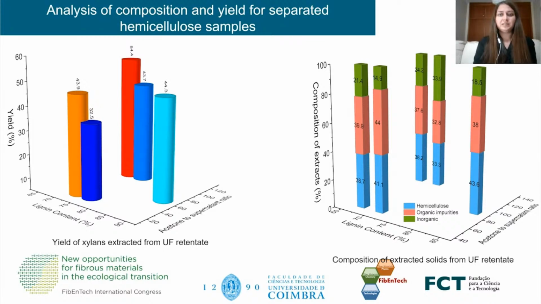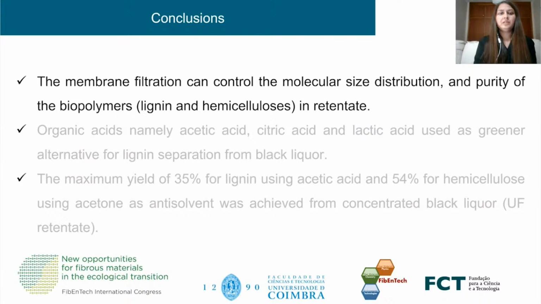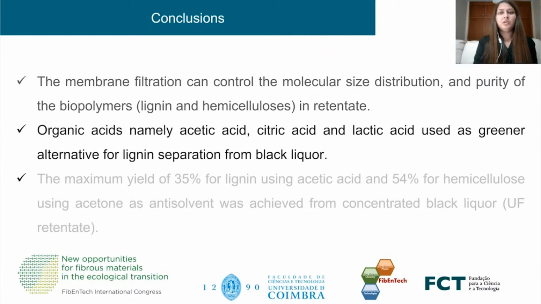Finally, I can conclude that membrane filtration can not only control the molecular size distribution of the biopolymers in retentate, but also it can increase the purity of organic content compared to the inorganic content present in black liquor. The organic acids can be used as a greener alternative for the separation of lignin from black liquor.